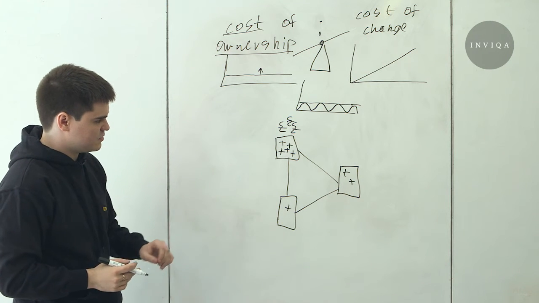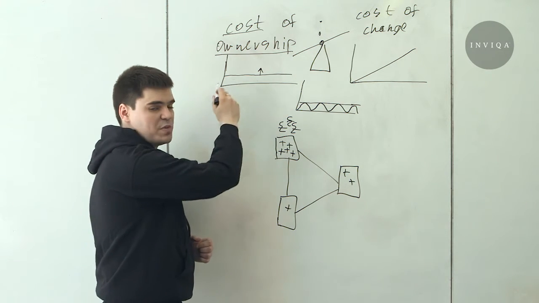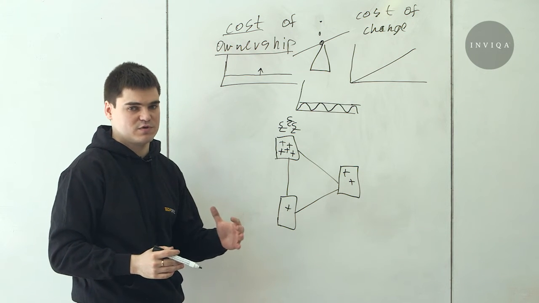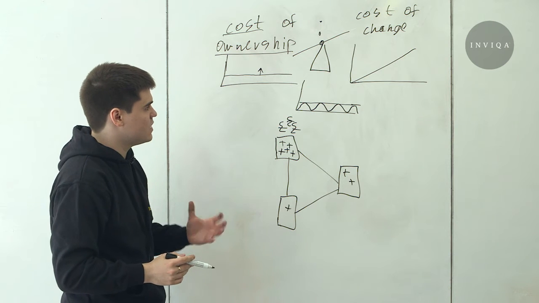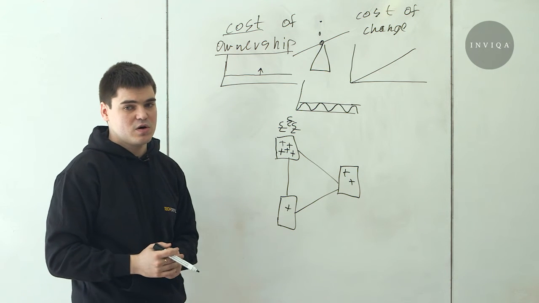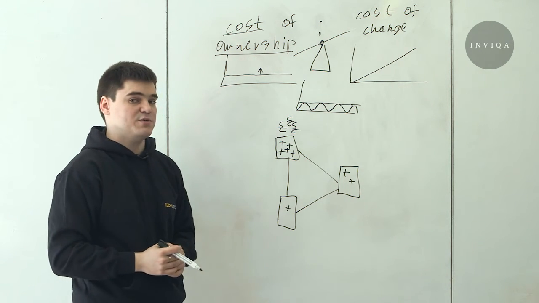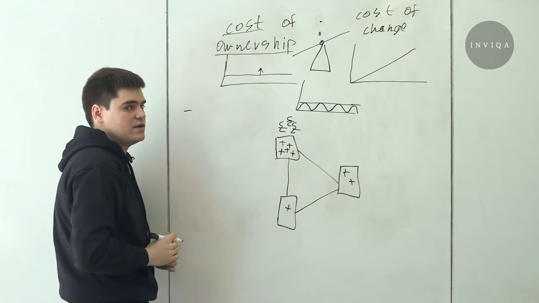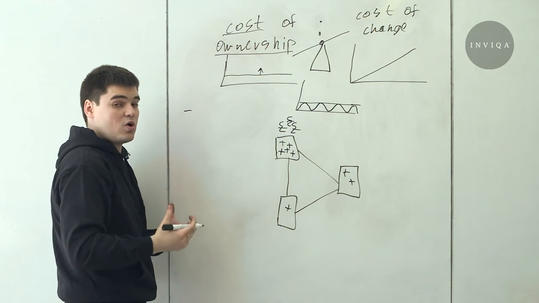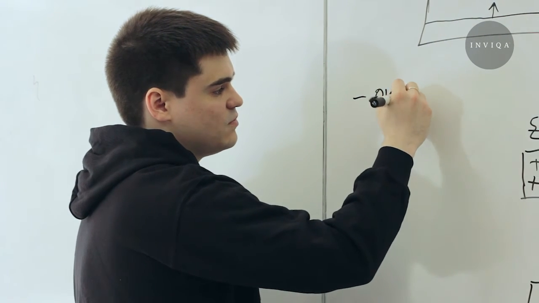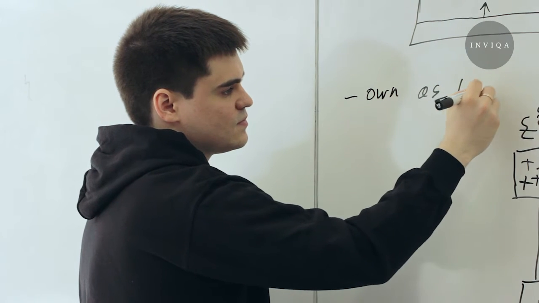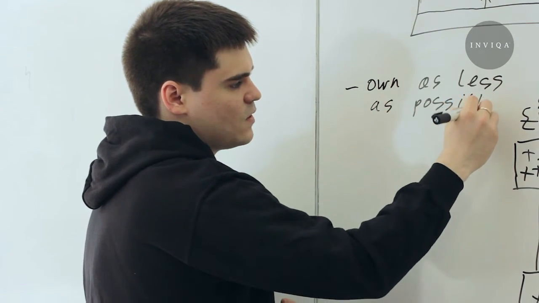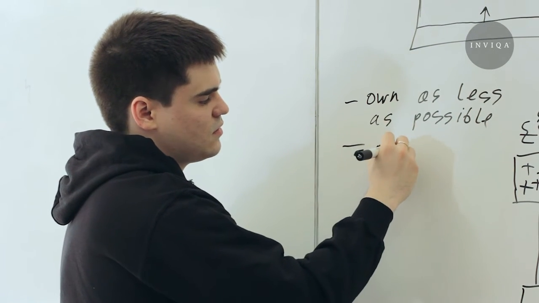Now, the interesting concept here is that cost of ownership is a stable, ongoing cost that you need to pay throughout the entire lifetime of the project or the code base, which means the more modules in the system you own, the more you need to pay. So the trick here is basically to own as few modules as possible. Owning means paying.